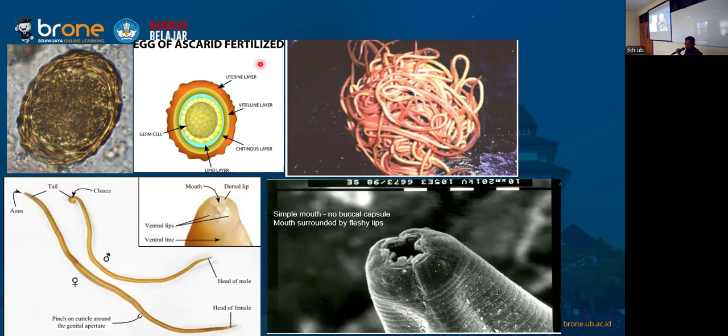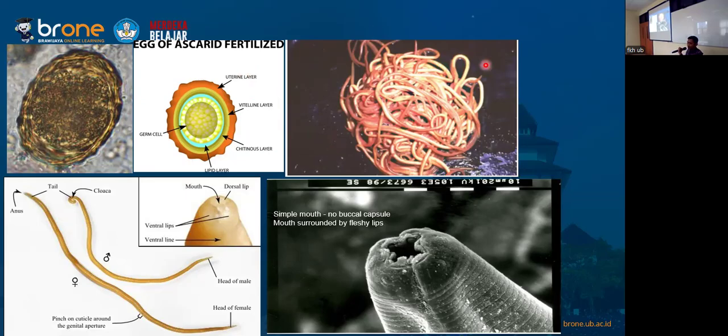The first layer is the uterine layer, and then the vitelline layer, the chitinous layer, and this one is the protein. So something that has a layer made from protein is very difficult to destroy. Then there is the layer that comes from lipid, that is the point.